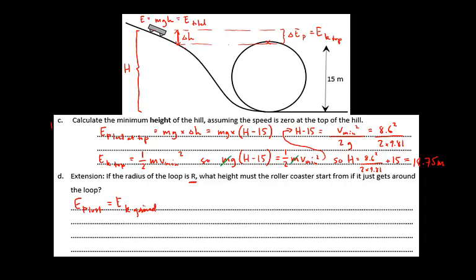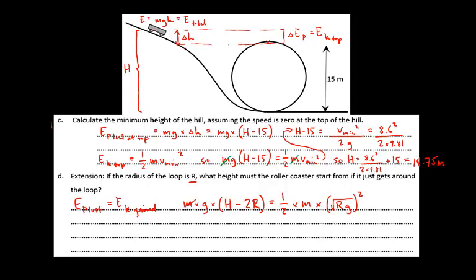So the EP lost was equal to m times g times the height of the roller coaster minus 2r. 2r is that diameter, and that's how high it will be by the time it gets to the top of the loop again. And that must be equal to 1/2 times m times the minimum speed squared, but the minimum speed is square root rg. So that's going to be square root rg all squared.